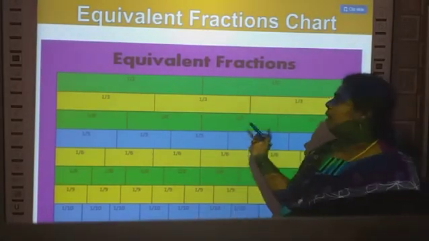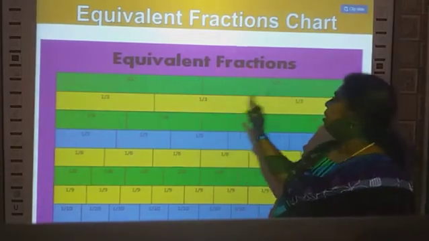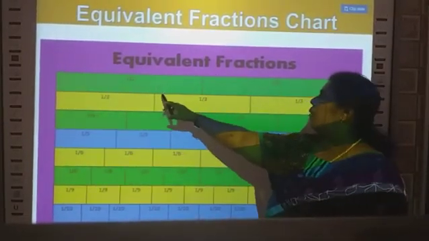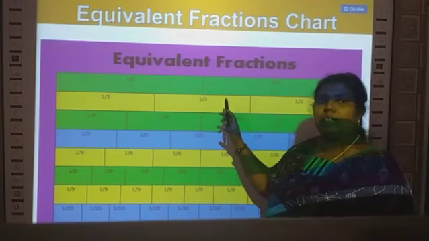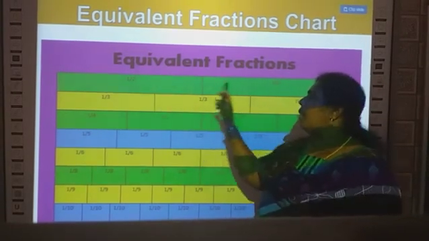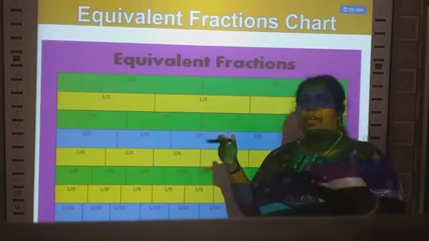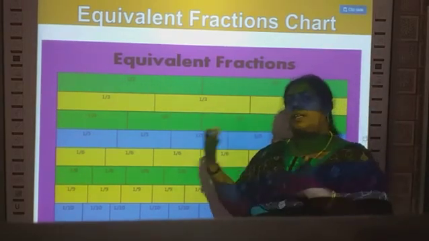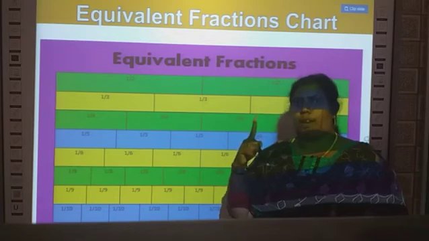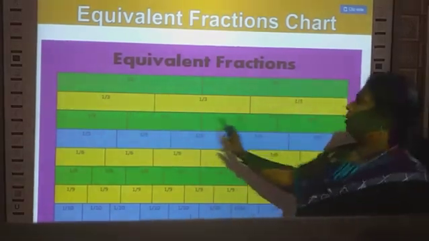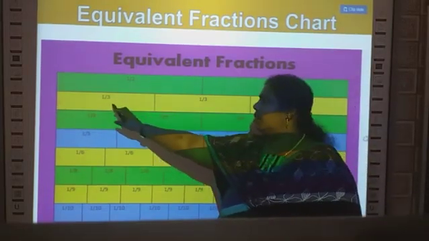See here, equivalent fractions. This is the shape. It is divided into 2 pieces, so here 1 by 2. The total number of pieces is 2. Here 1 by 2, here 1 by 2. If you add the two parts, 1 by 2 plus 1 by 2, you will get 1, right? Here 1, 2, 3 parts, that's why the denominator is 3.